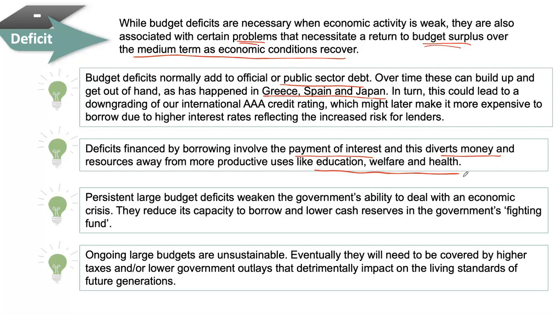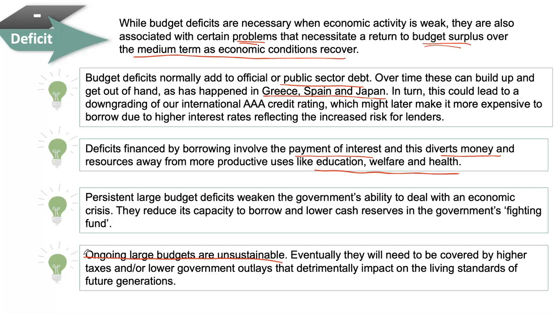It actually is not sustainable to keep doing this. So the message is it's often necessary, but ongoing large deficits would typically be considered unsustainable. And eventually we'll need to go back to a surplus, have higher taxes, and reduce how much we're spending, and this can have an impact on our living standards.